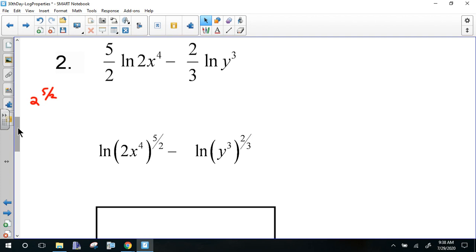I now have 2x to the 4th all raised to the 5/2 power. So we need to figure out what is 2 to the 5/2 power and what is 4 times 5/2.